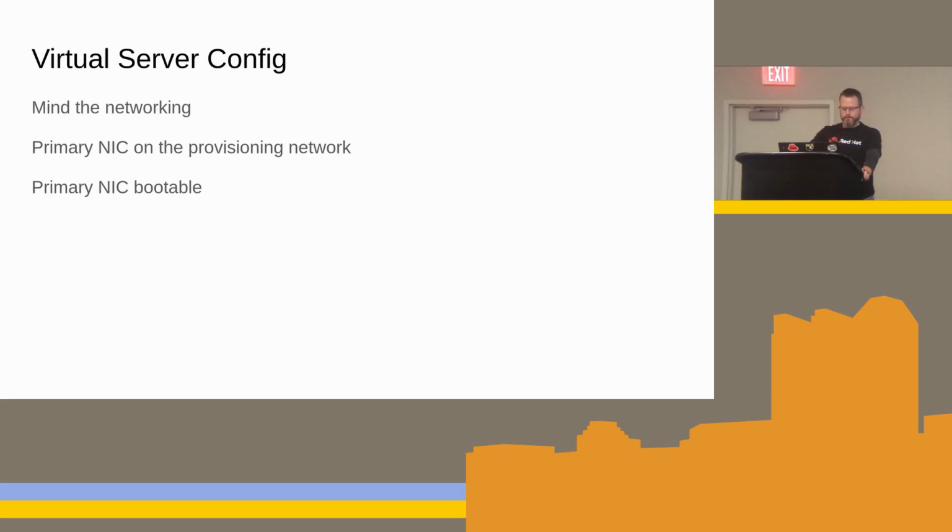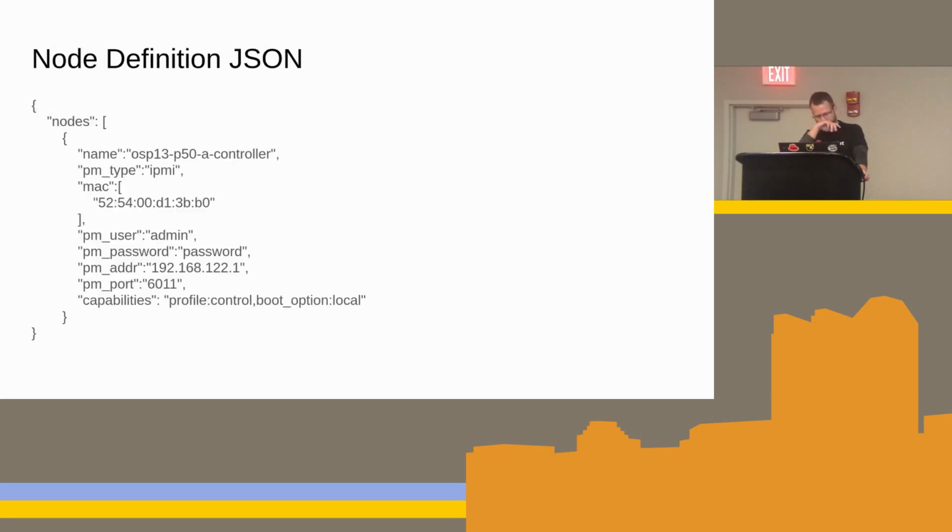If you try to do this over the LAN that you use all the time that has DHCP, you're not going to have consistent successful PXE boots, because sometimes it's going to get its DHCP from the director, sometimes from your router or whatever. And obviously the NIC that you're going to use for provisioning has to be bootable.